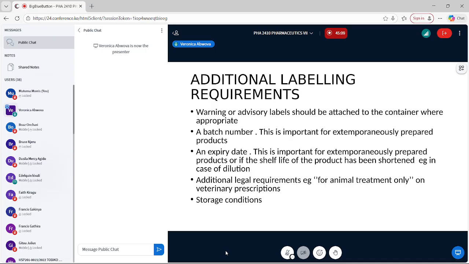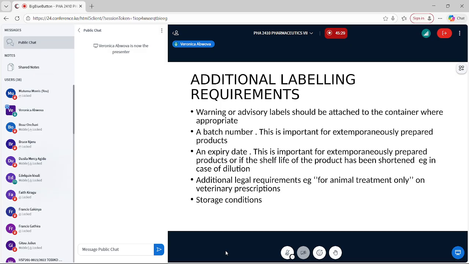Because you don't want a scenario whereby, say, a patient works in the industry and the next thing you hear, they fell into the equipment because they were drowsy, okay? Or they slept on the road because they were drowsy. So it's important. Warning or advisory labels should be attached depending on the drug.